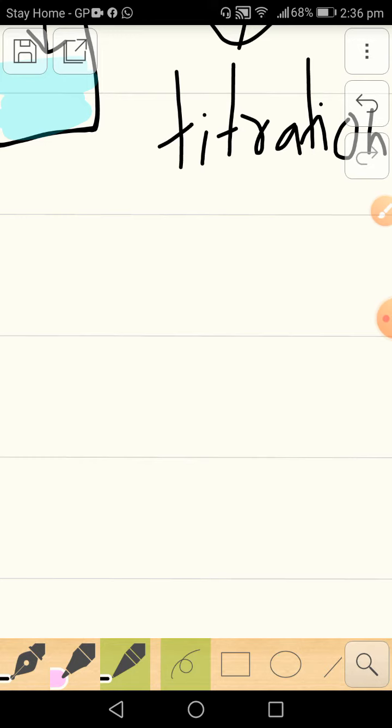But if they are soluble, you won't be able to determine whether the reaction has finished or not.